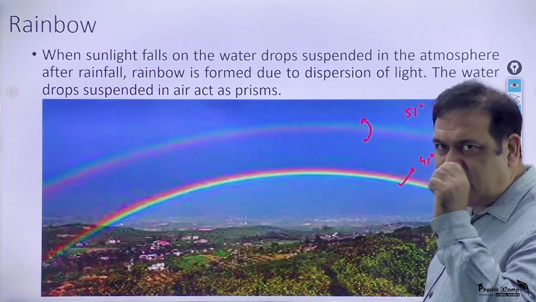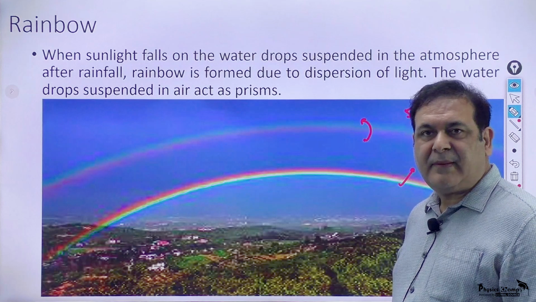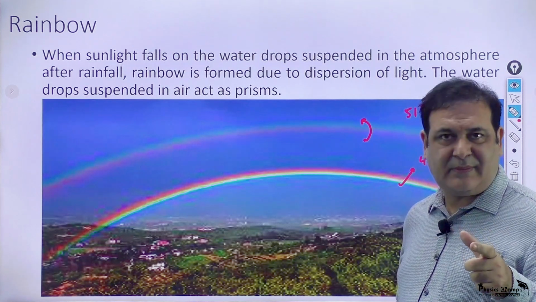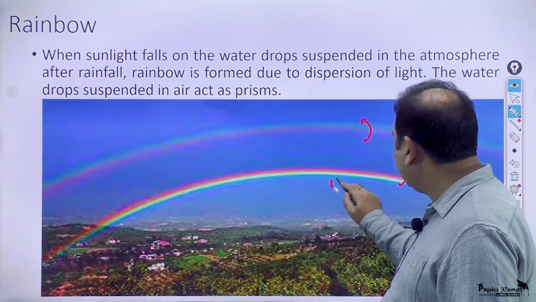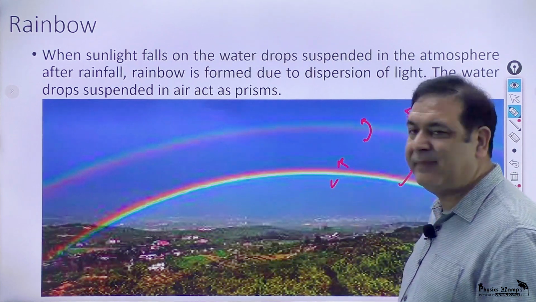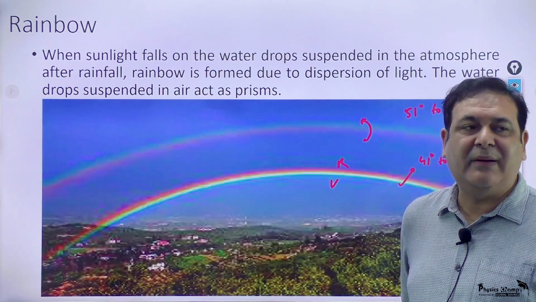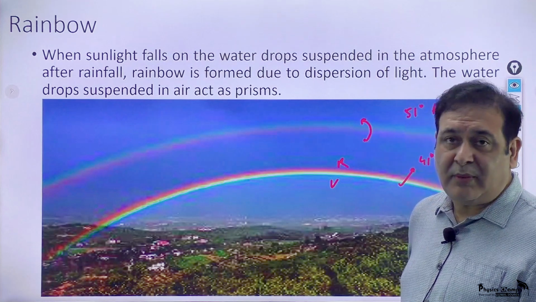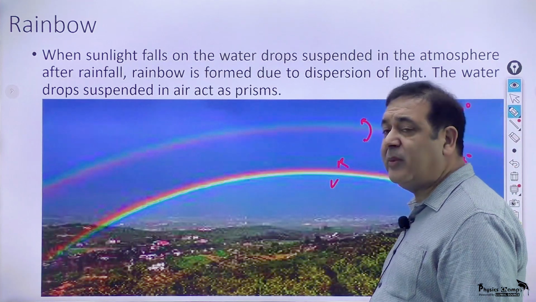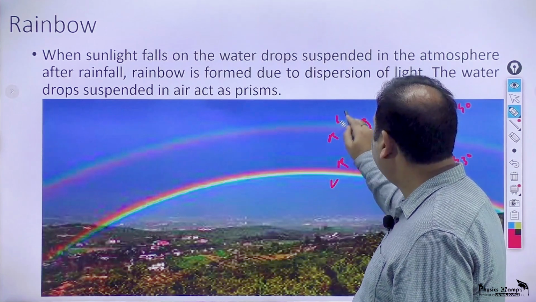It has got slightly more angular width. The color pattern in the primary rainbow is violet to red. So in the primary rainbow, the upper color would be red and the lowest color will be violet. But in the secondary rainbow, the color pattern would be just reverse. It is from red to violet.